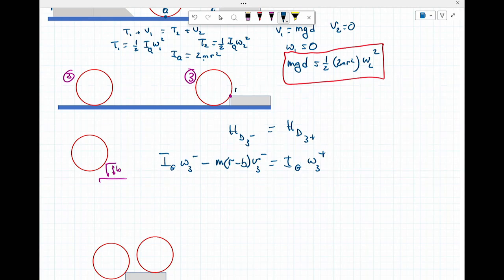I'm going to call this point D, and I can substitute that in. The difference is that IG is a hoop, mr squared. ID is at the point of contact, and I've already calculated from the parallel axis theorem that that's 2mr squared.